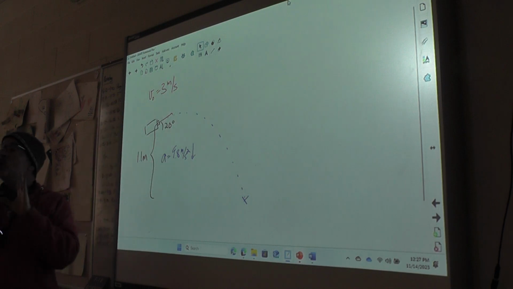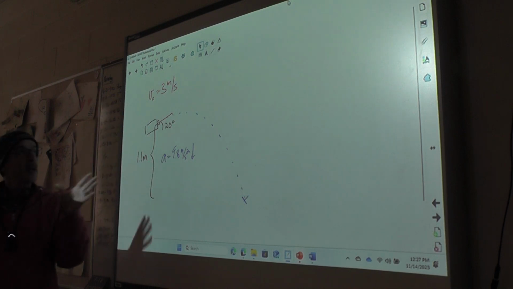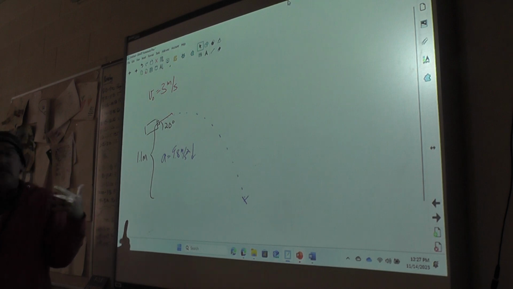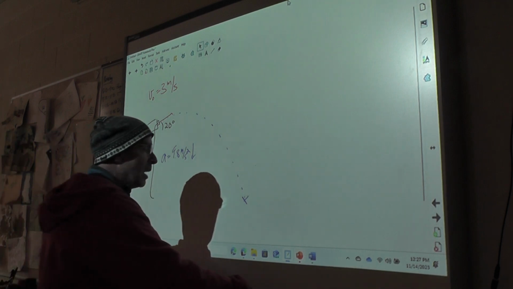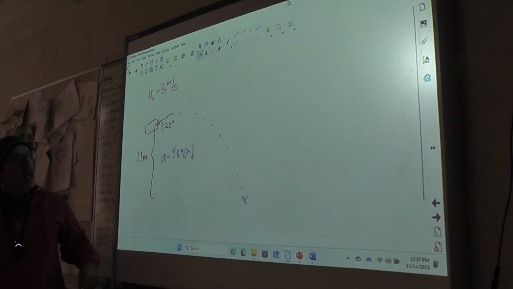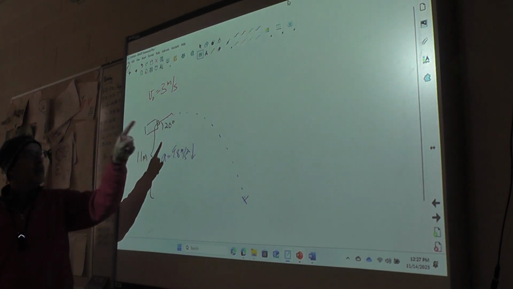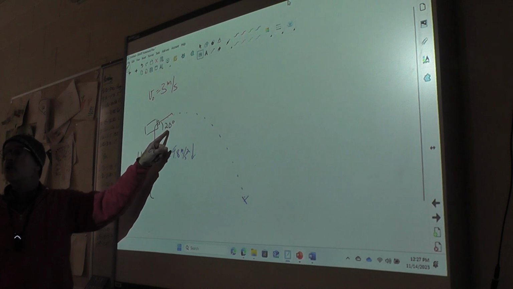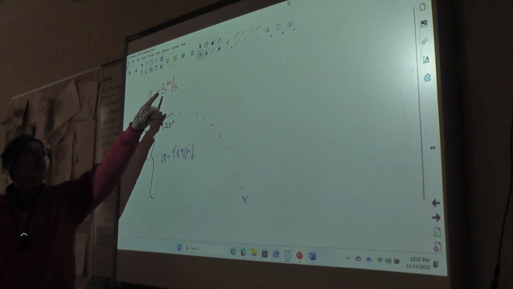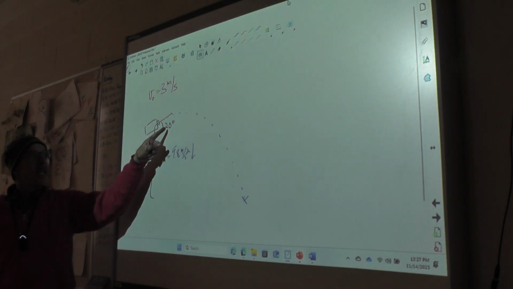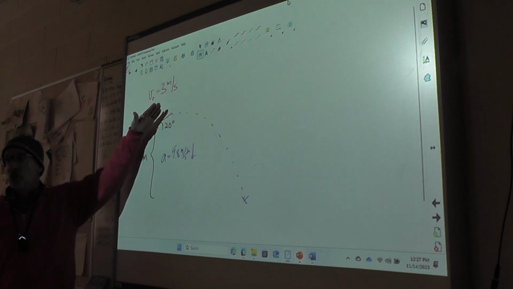Here's how you can think about this. The answer is, this is the speed. This tells us how fast something is going. This, 20 degrees, is a direction. It's moving this fast in this direction relative to perfectly straight to the right.